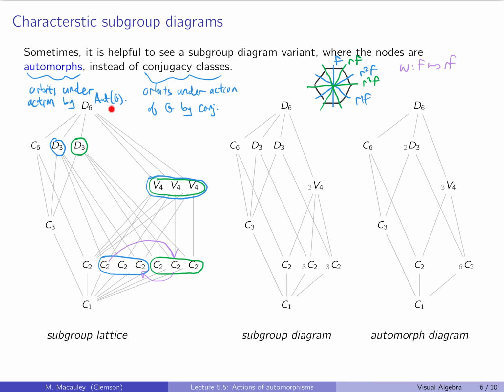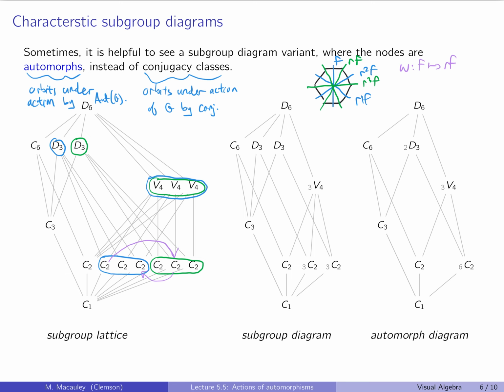When the whole automorphism group acts on these subgroups, it's going to merge this into a single automorph class. So all of these are in the same orbit, and we put a 6 here. This doesn't change, but now these two D3 subgroups, since there's an automorphism that sends these blue reflections to the green ones, get merged into a single automorph class as well.